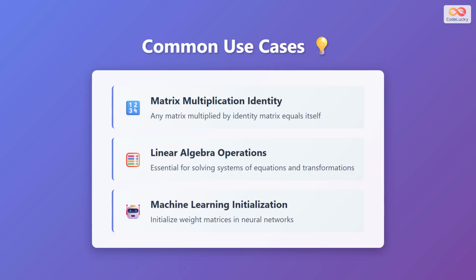Identity matrices have numerous practical applications. First, they serve as the multiplicative identity in matrix operations, where any matrix multiplied by an identity matrix equals itself. Second, they're essential in linear algebra operations such as solving systems of linear equations, computing matrix inverses, and performing various transformations.